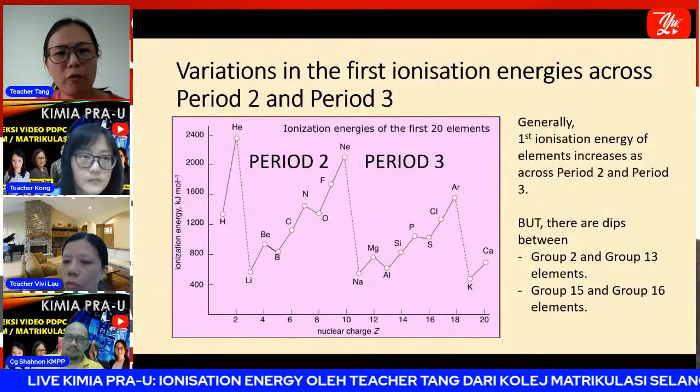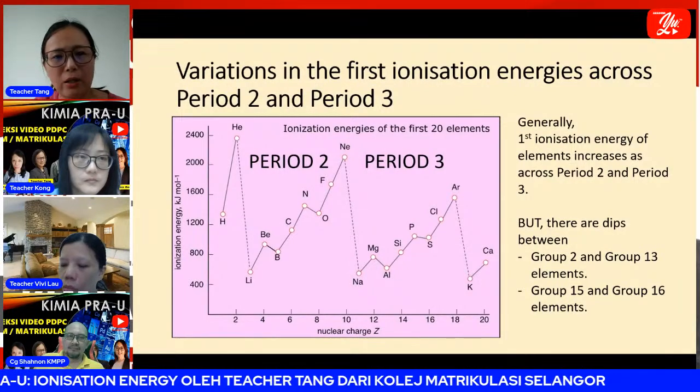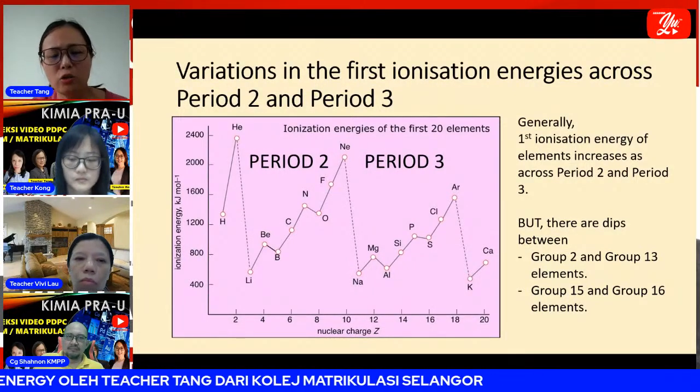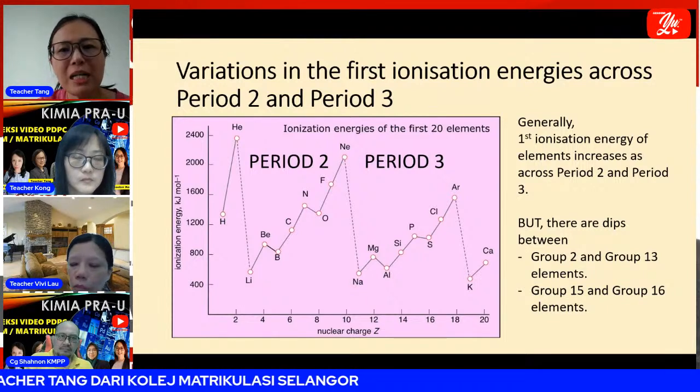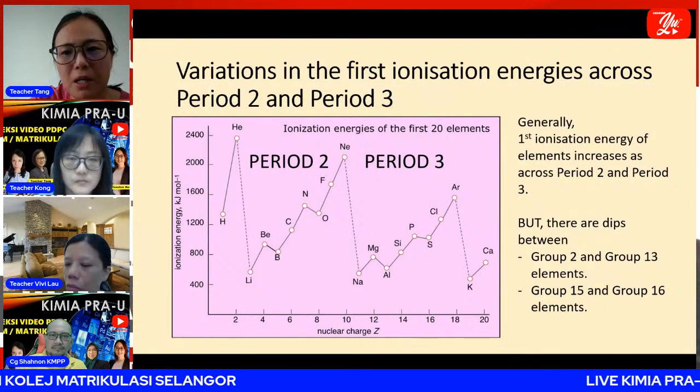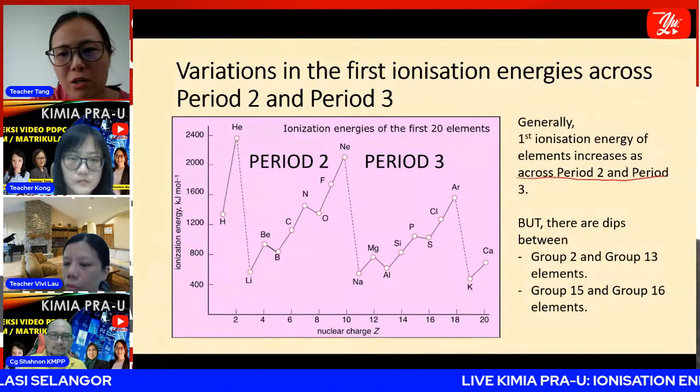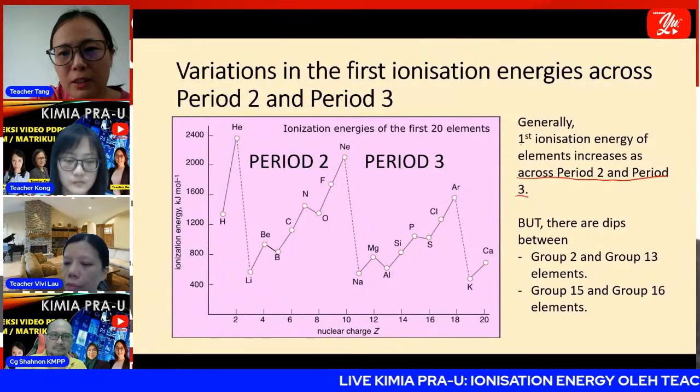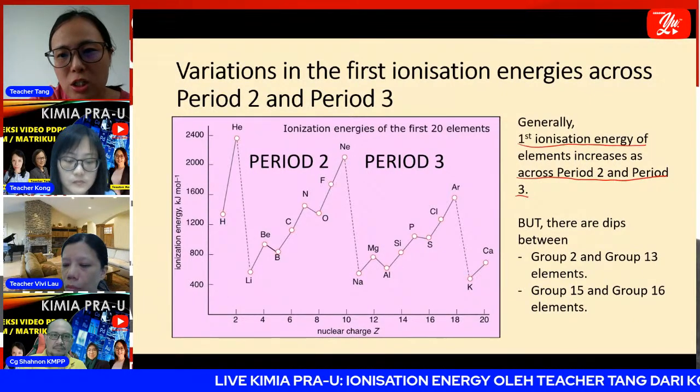So now we move on to look at anomalous cases. Generally across a period, the first ionization energy increases.